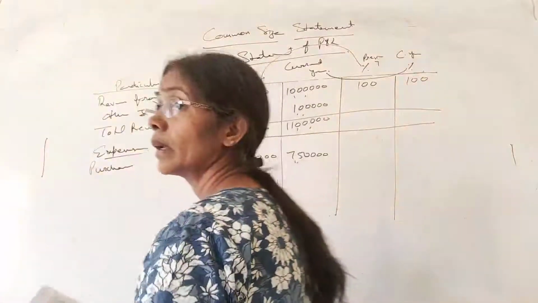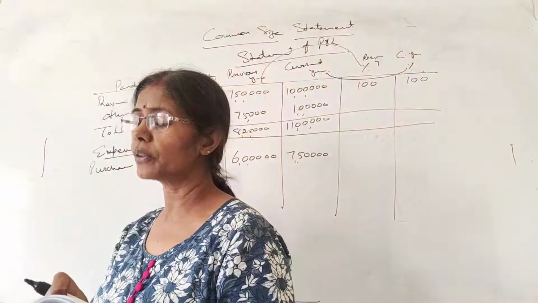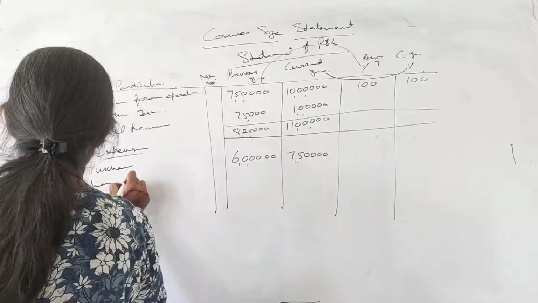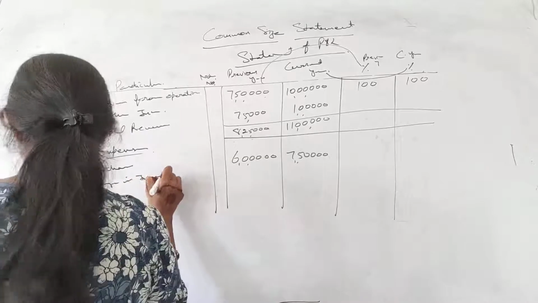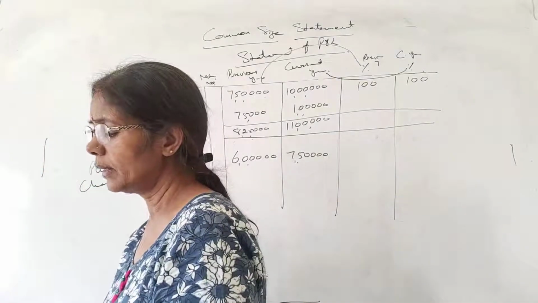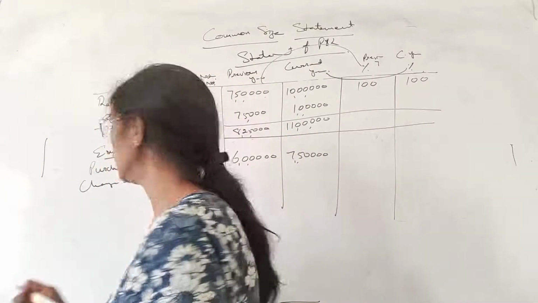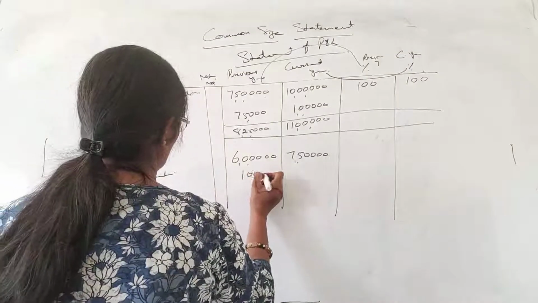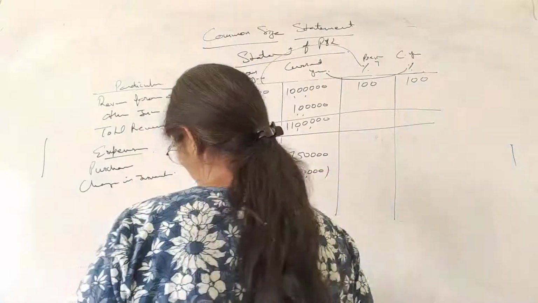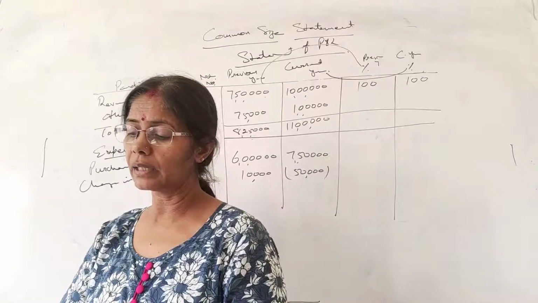Now we have the next one, change in inventories of stock in trade. What is given? Previous year, this is 10,000, and the current year, this is 50,000, that's given in the minus. Now next we have other expenses.